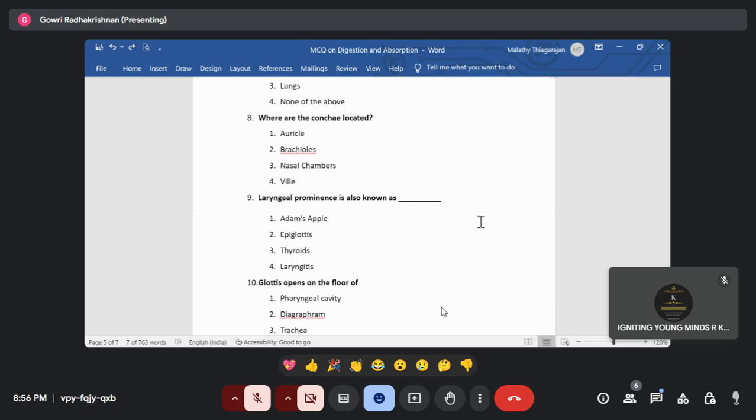No idea. Adam's apple. Do you know where the Adam's apple is located?